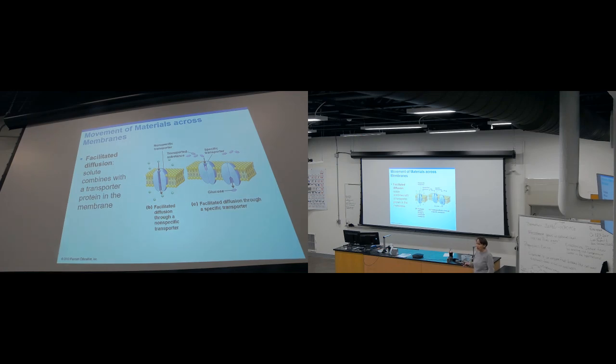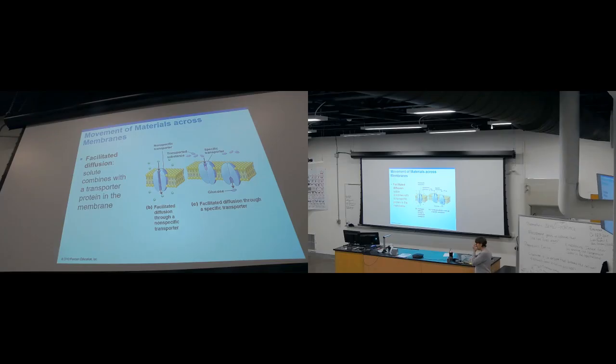The size won't be too big, but as long as it can fit through this pore, they can cross. So that will be non-specific because the molecules can cross without having so much trouble.